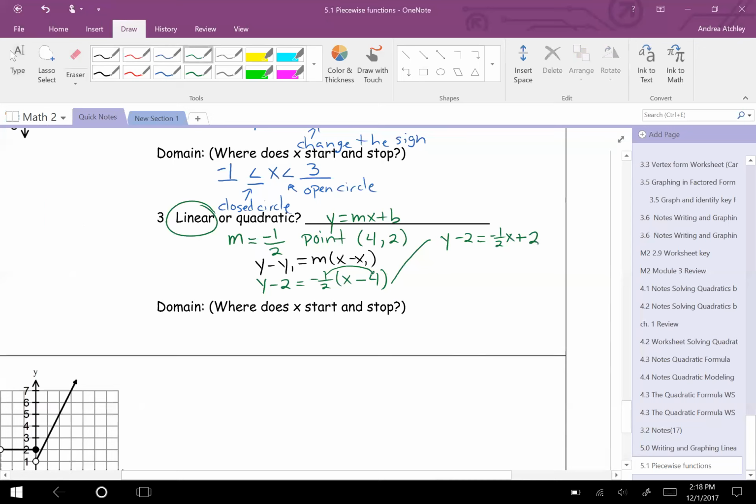Half of 4 is 2. Then we have to get the y by itself, so we add 2 plus 2. And I get y equals negative 1/2 x plus 4. Any questions over that?